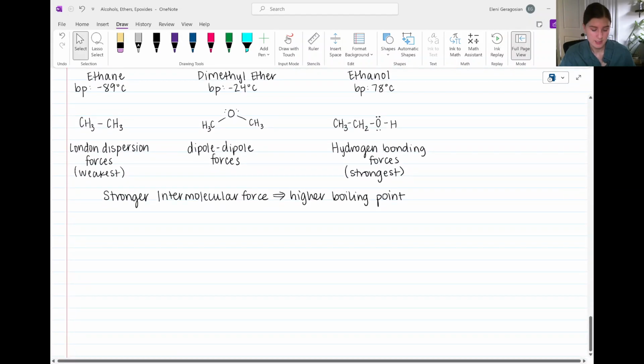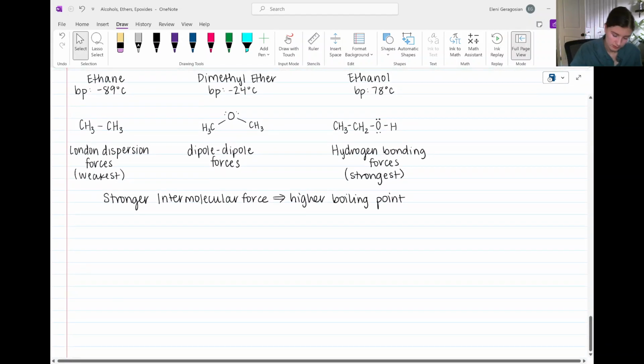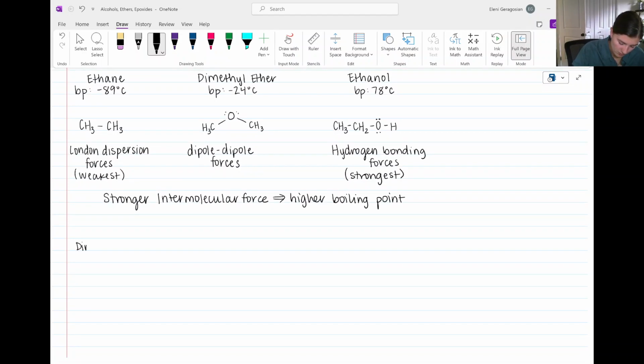Now let's look at 2 ether molecules. So we'll compare dimethyl ether, which we have above. We said it has dipole-dipole forces. All ethers have dipole-dipole forces. So dimethyl ether, I'll just rewrite its boiling point: negative 24 degrees Celsius.